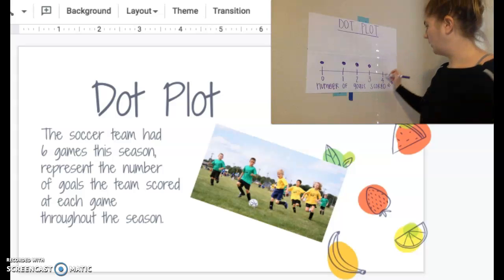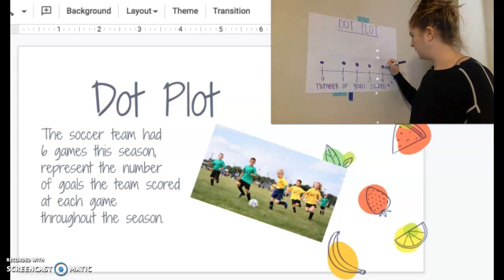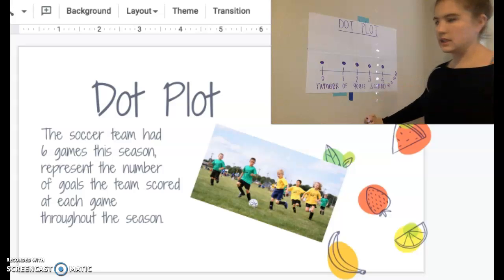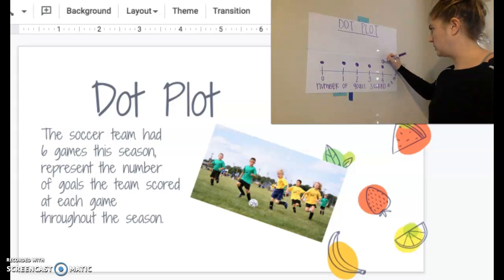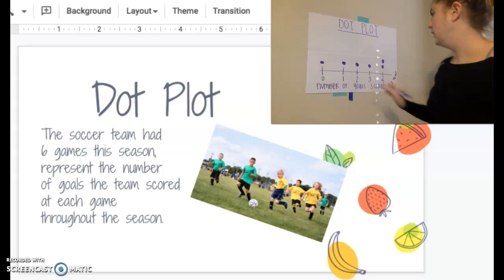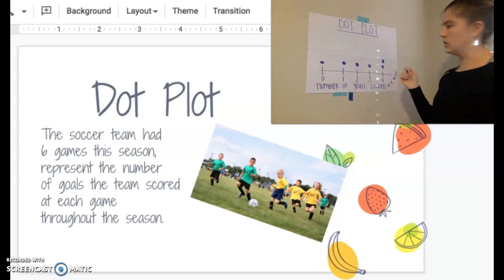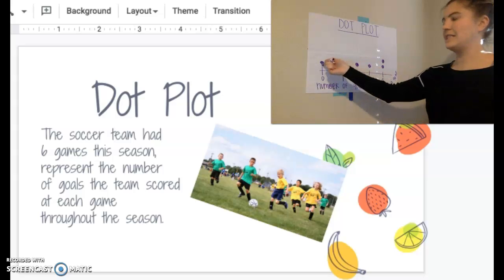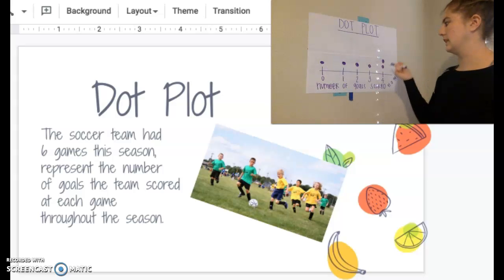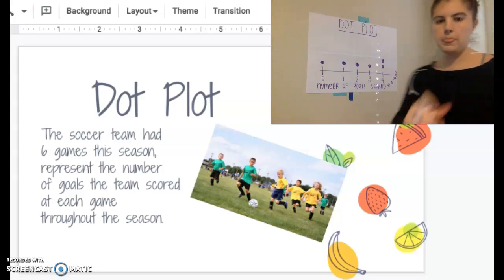Game 5, there were 4 goals. And then at game 6, there were also 4 goals scored at the game. Here on our dot plot, we can see a total of 1, 2, 3, 4, 5, 6 games because there are 6 dots in our dot plot.